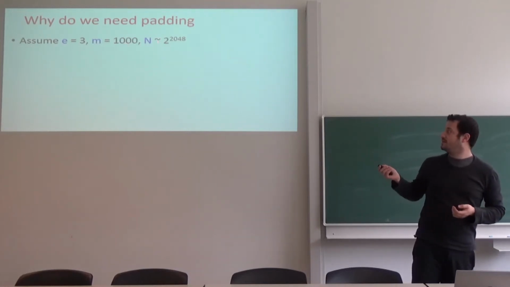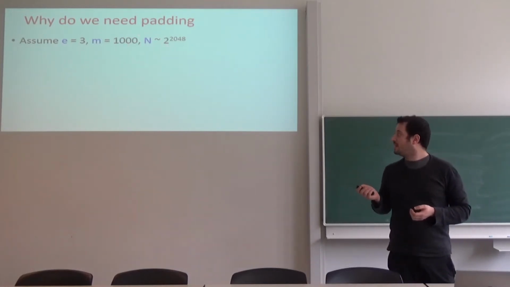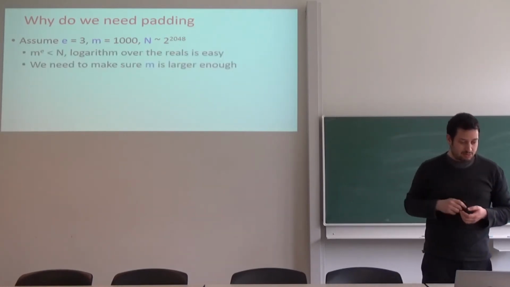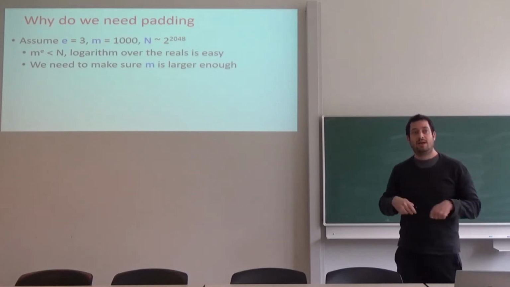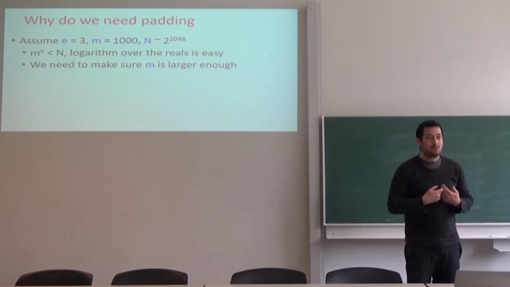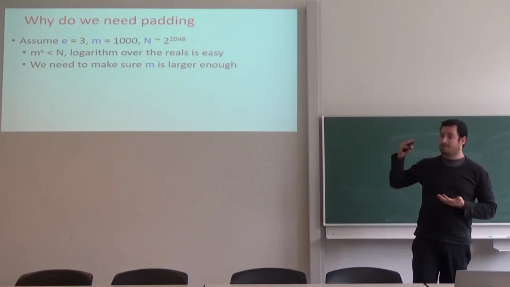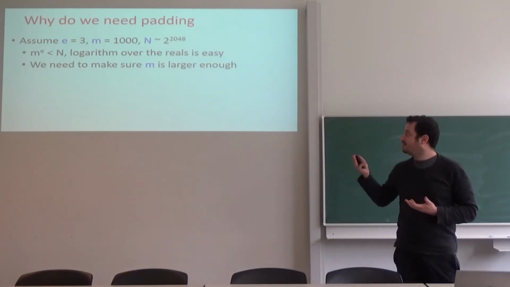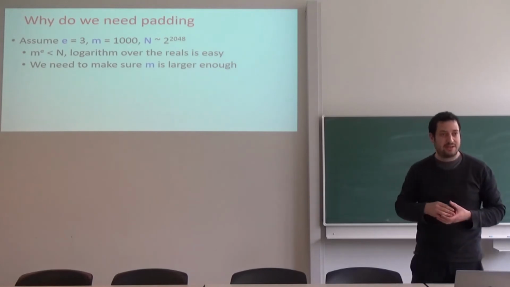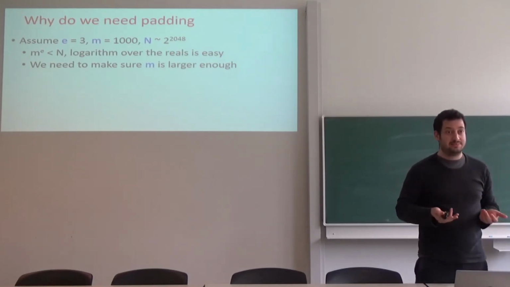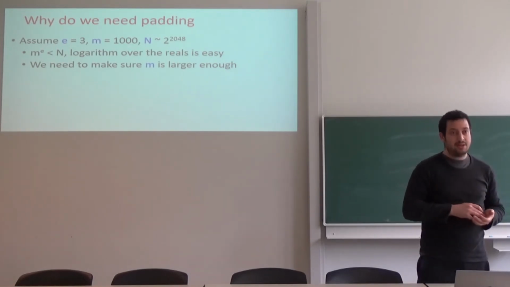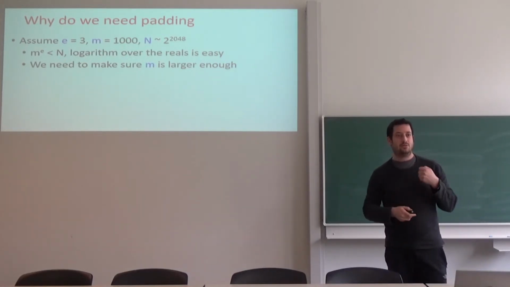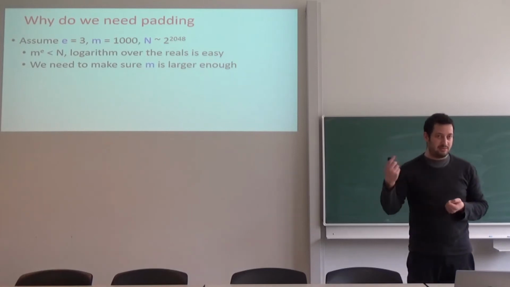Let's say that our public key is about 2048 bits long. So when we raise 1000 to the power of 3, we still get a number that's smaller than the modulus. And taking a cube root over the reals is relatively easy, so we can just break it. So before we encrypt the number, we need to make sure that it is large enough so that it wraps around the modulus.